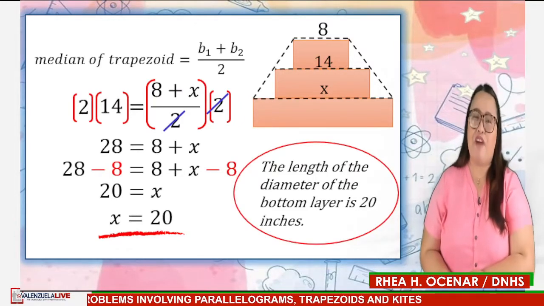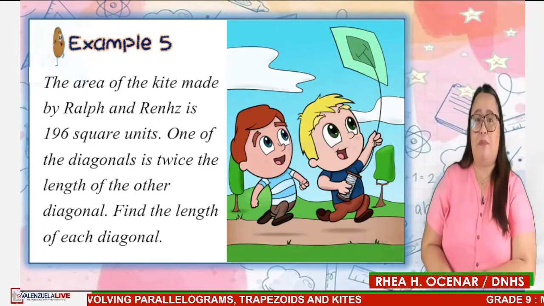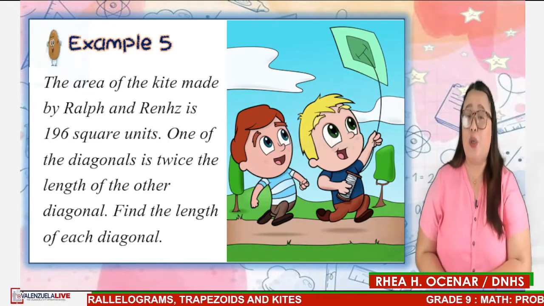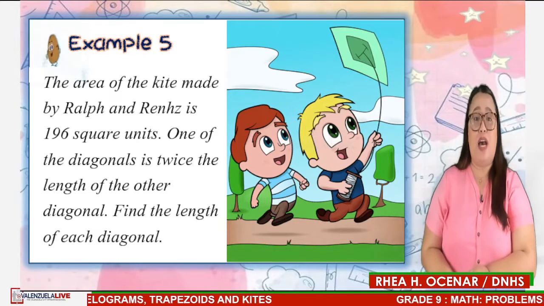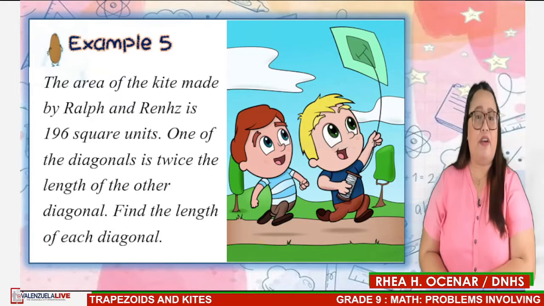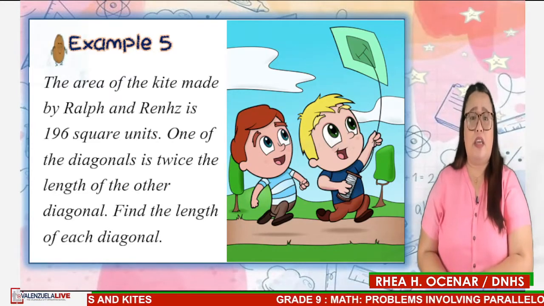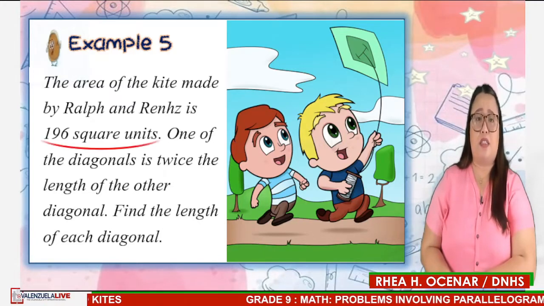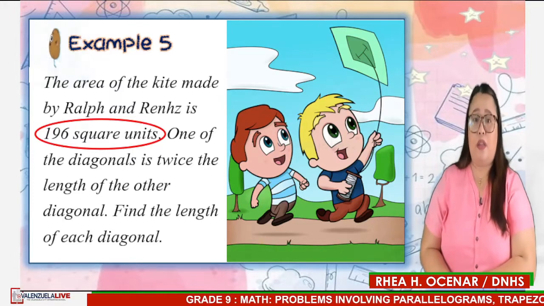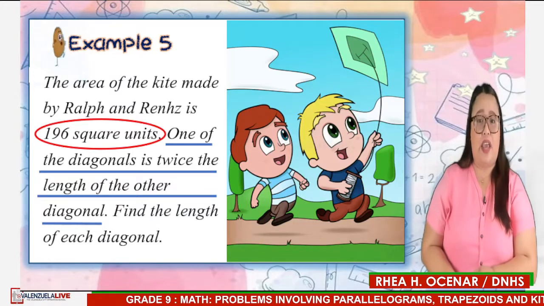Example number 5. The area of the kite made by Ralph and Renz is 196 square units. One of the diagonals is twice the length of the other diagonal. Find the length of each diagonal. In the given problem, the area of a kite is 196 square units, and one of the diagonals is twice the length of the other diagonal.